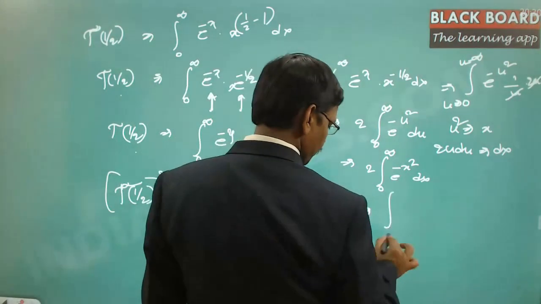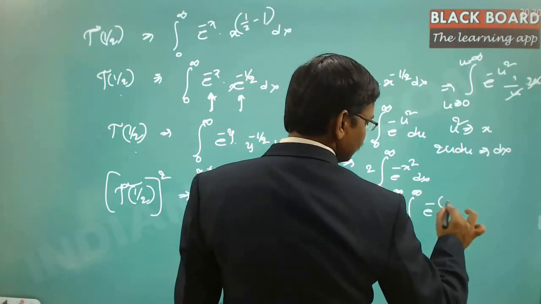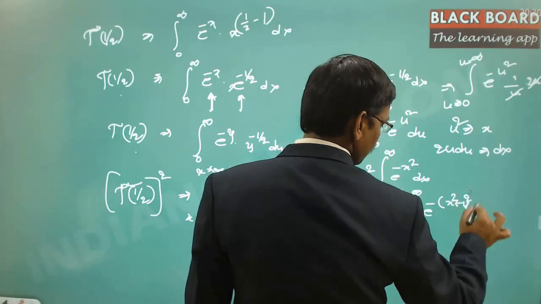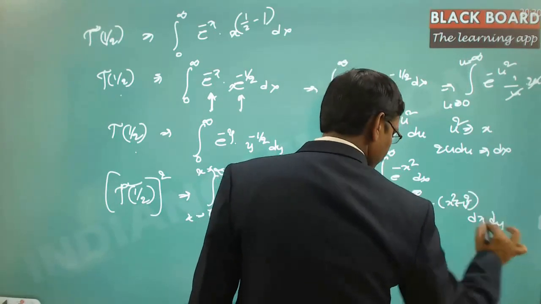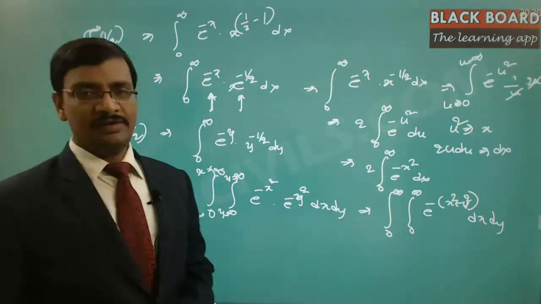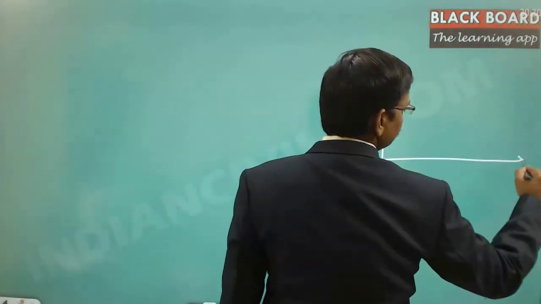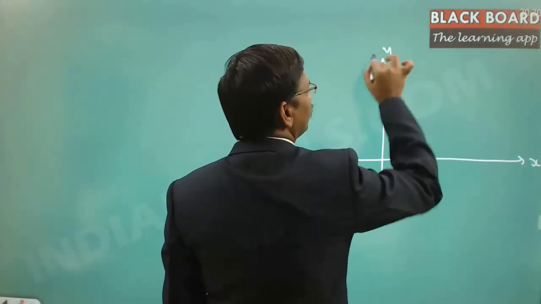Now this can be treated as the integral 0 to infinity of e power minus of x square plus y square into dx dy. Now this is a double integral. If you want to identify the area of this double integral, this is the x axis and this is the y axis.